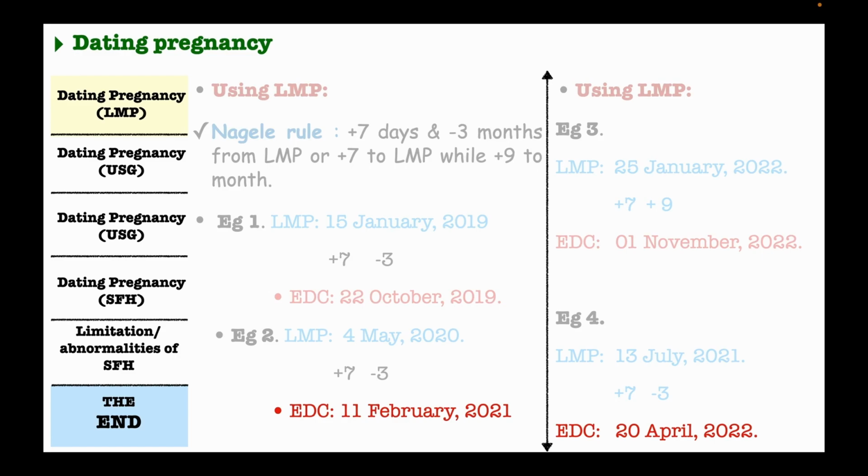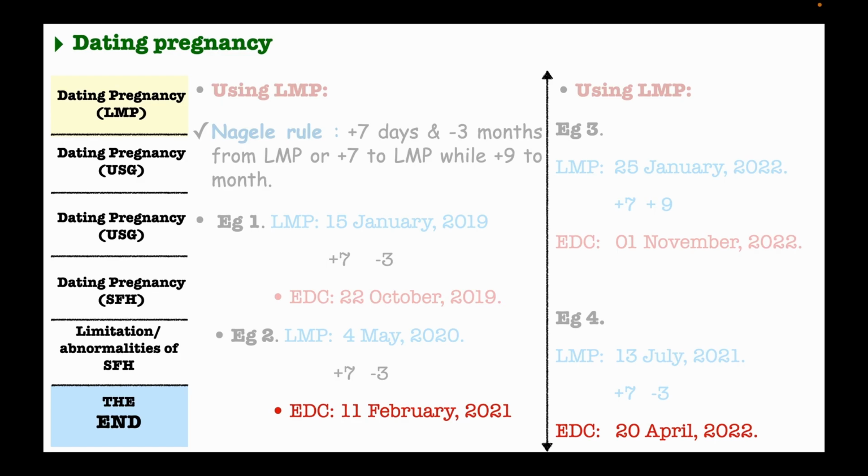Also, if the woman has irregular menstrual cycles, it will be difficult to use the LMP. And also, if the patient conceived whilst she was taking contraceptive pills, then the date of confinement may not be accurate using the LMP.